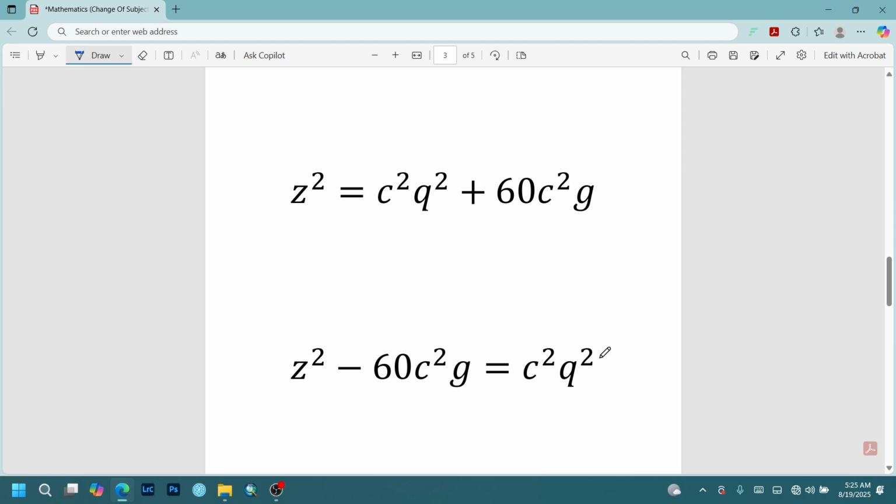And we want to make k the subject of the relation, right? But k is not independent. It is dependent on c squared, right? So what we have to do is to do some cancellations. So we cancel out the dependent variable, which is c squared, from k squared, right? So when we do the cancellations, whatever we do for the right hand side, we do same for the left hand side. Okay, that's the rule in mathematics.